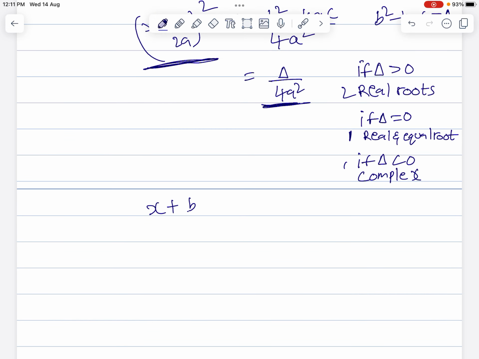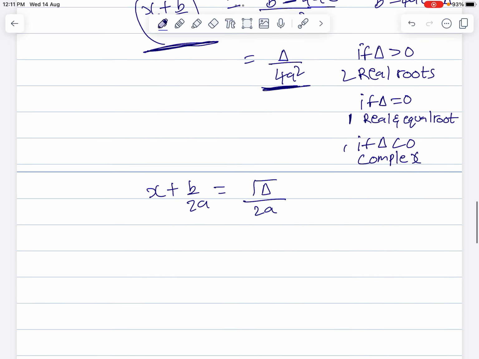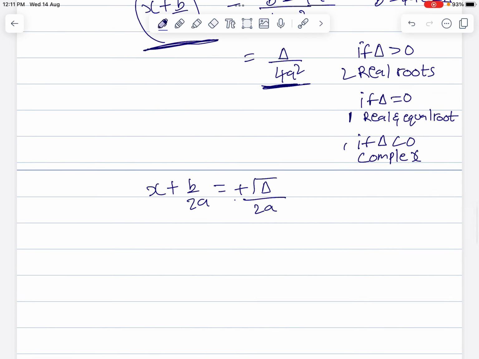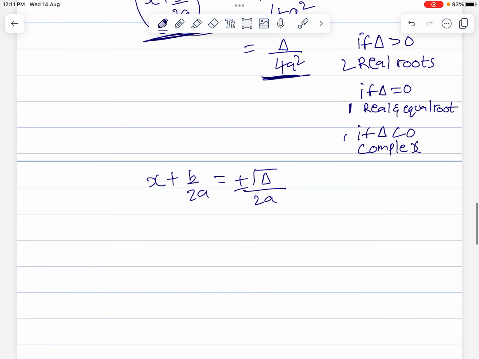So x plus b by 2a is equal to plus or minus root delta by 2a. So x is equal to minus b minus root delta by 2a, or x equal to minus b plus root delta by 2a.